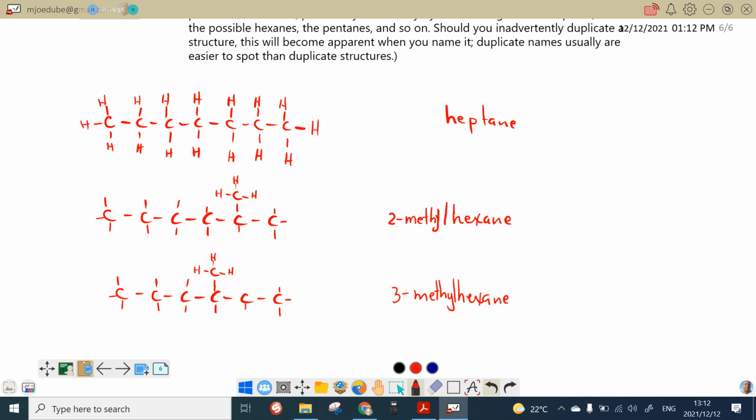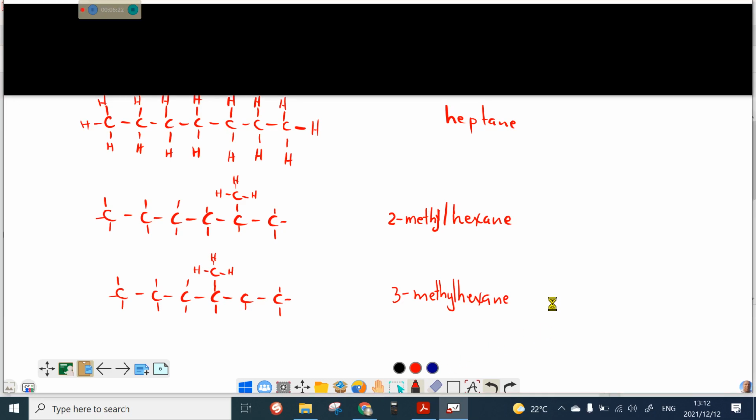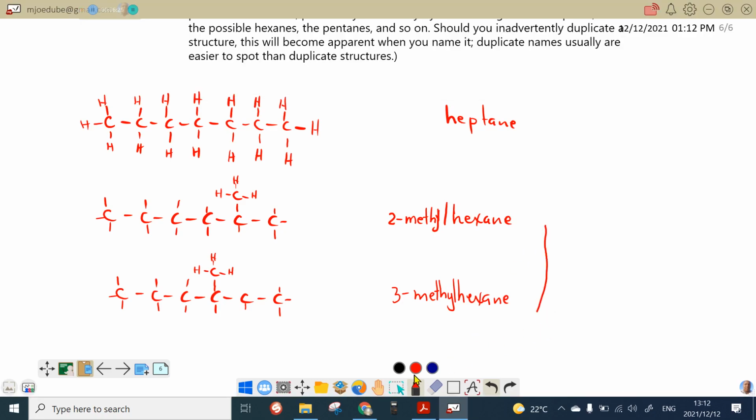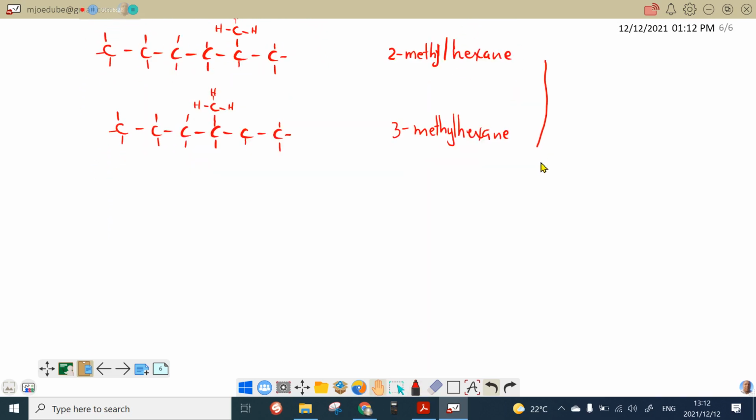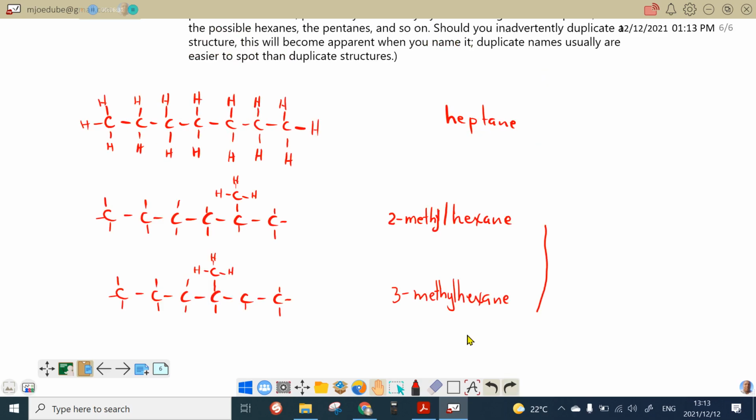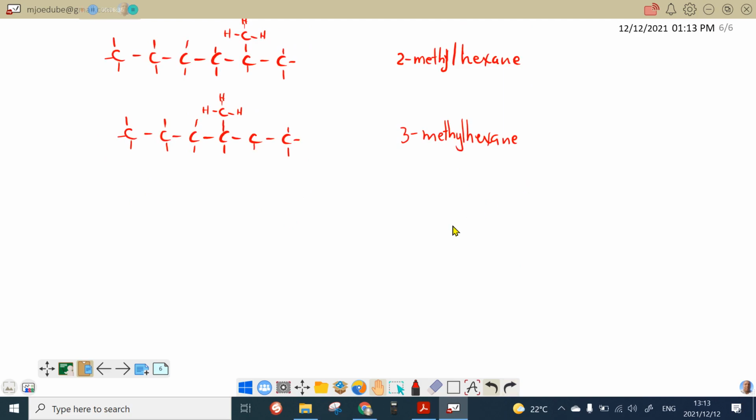And then the next possible structure is now, instead of having a 6 carbon long chain, we can have 5, and then I can have a substituent group coming in onto carbon number 3 as well, and it would look something like this.